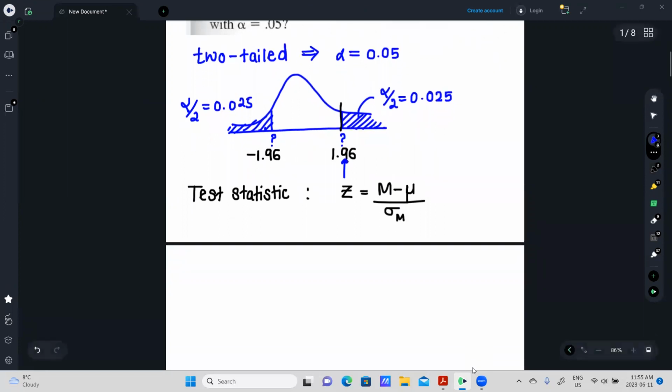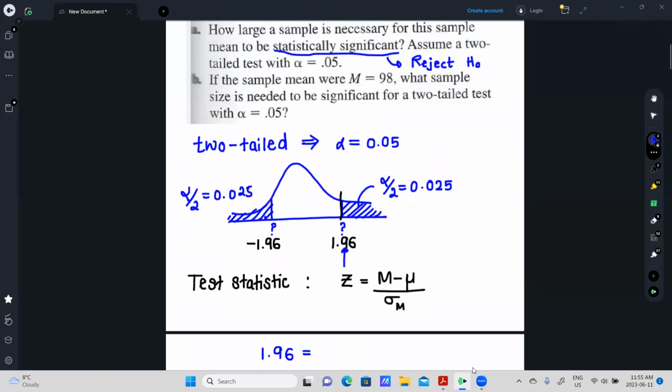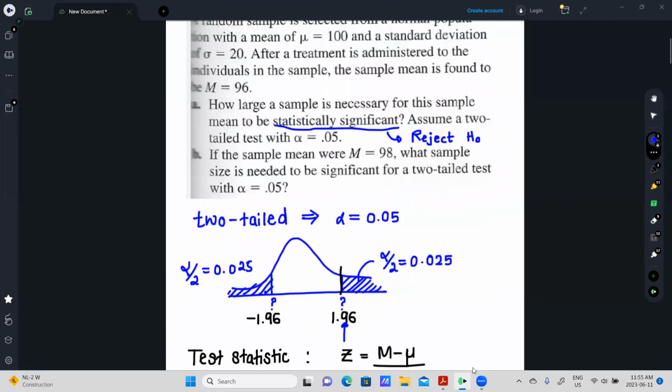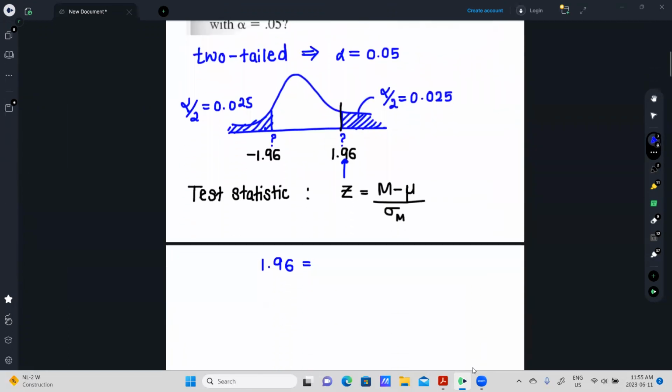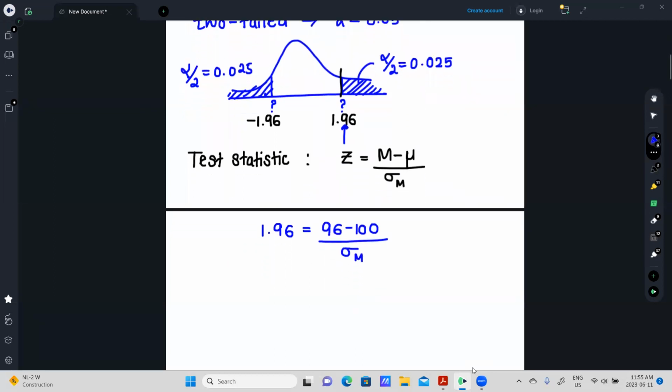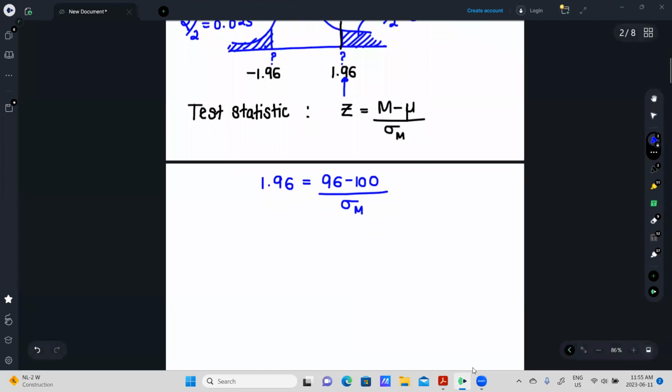So let's make it equal to 1.96. M was given as 96, mu is 100. And we don't know the value of sigma M, because sigma M includes the sample size.